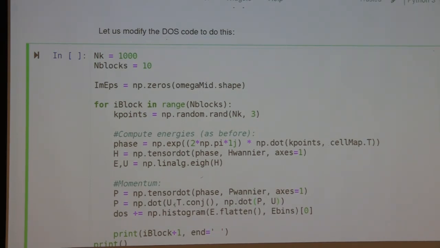But the only complication is I don't just have one matrix. I have it first of all for a bunch of K. I have it for 1,000 K points together over here. And additionally, the momentum has three directions. So I effectively want to do this transformation for 3000 matrices together. All right?